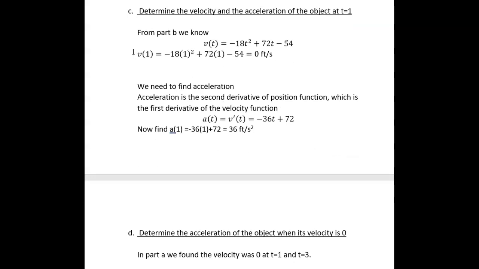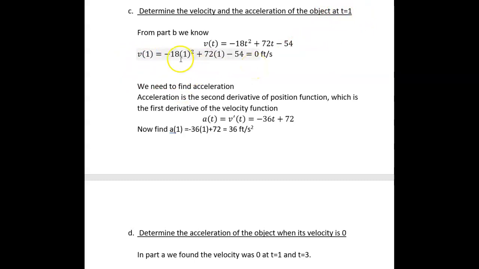Part C, we are asked to determine the velocity and the acceleration of the object at t equals 1. Well, we have a function for the velocity. That's okay. We found the velocity function in part B. And it's v of t equals negative 18t squared plus 72t minus 54. Well, this question is asking me to use t equals 1. So I just put 1 in and find the function value.